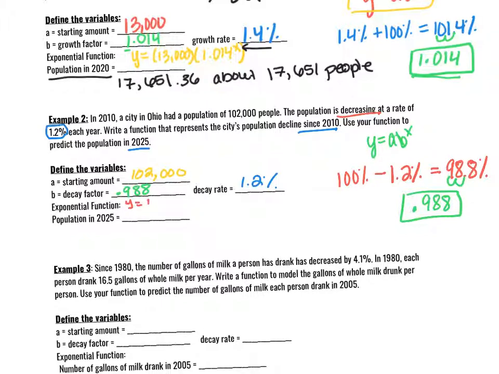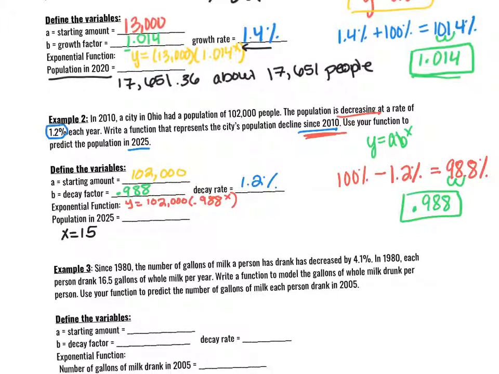Our starting amount was 102,000. Our rate, our decay factor, is 0.988 to the x. So I want to know the population in 2025. Well, I know that our starting point, our 102,000, is in 2010. So from 2010 to 2025, that's going to be an x value of 15.